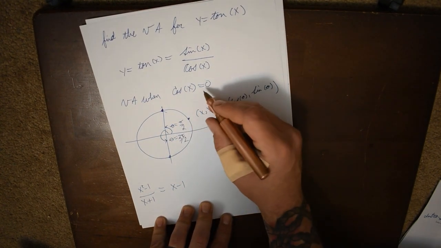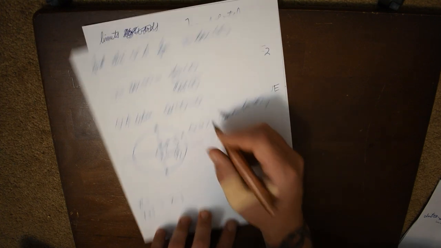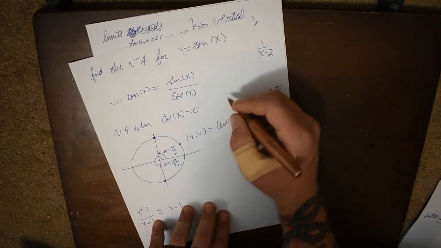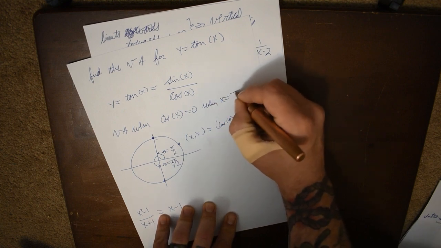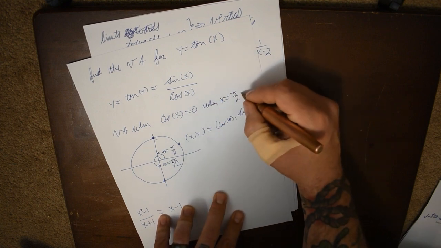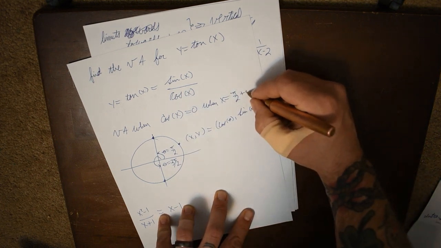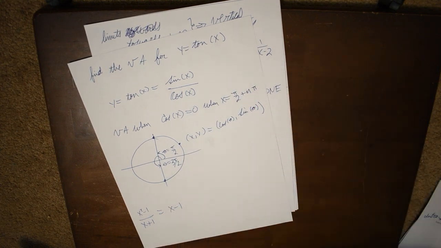So we know that cosine of x is equal to 0 when x is equal to pi halves plus some integer n times pi.